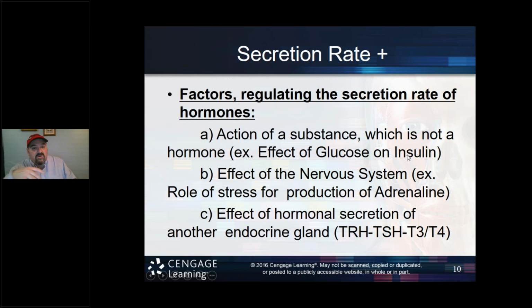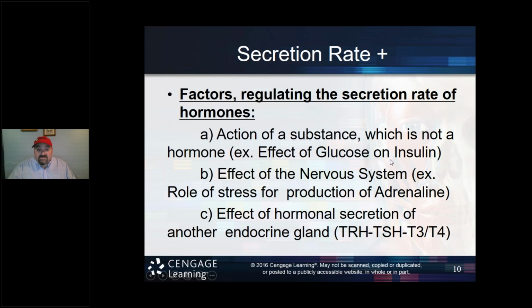We know that when glucose levels are high, insulin is released in order to allow glucose to enter into the cells, okay? So that's one mechanism, the action of a substance that's not the hormone causing the release of more insulin in response to high levels of glucose, say after you've eaten, okay?